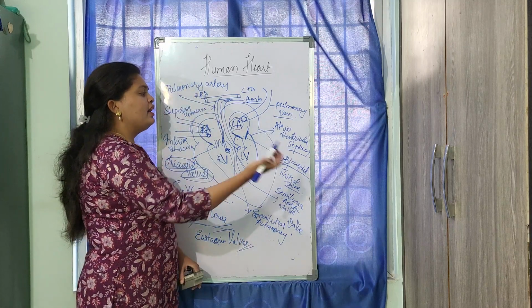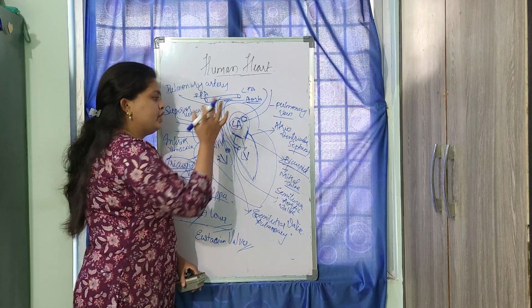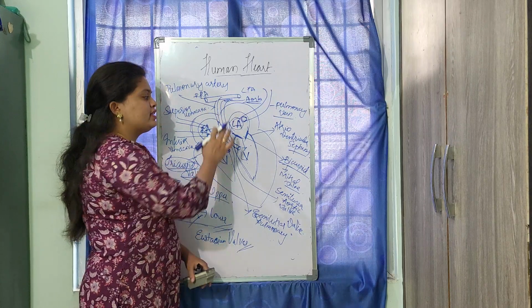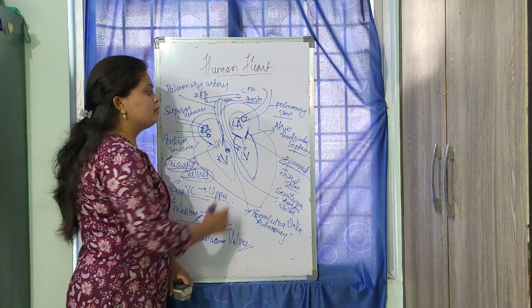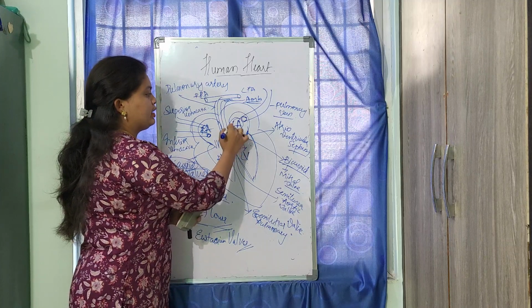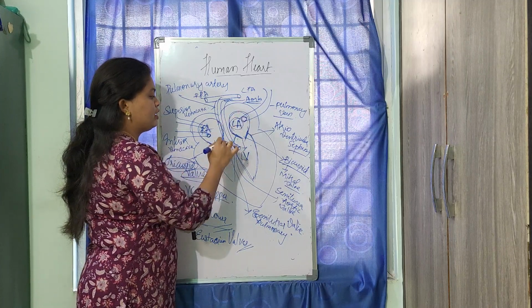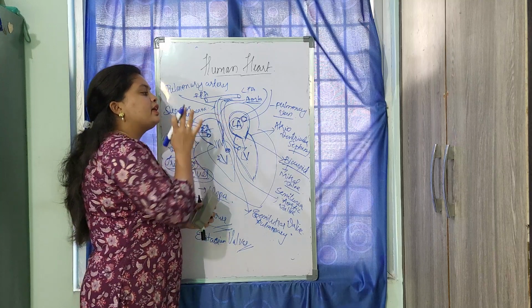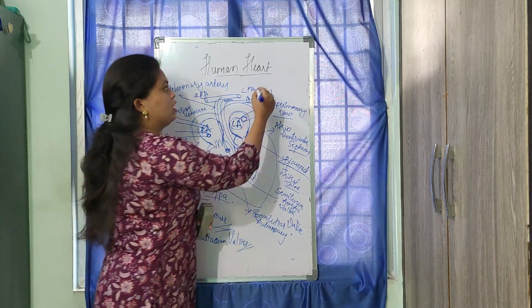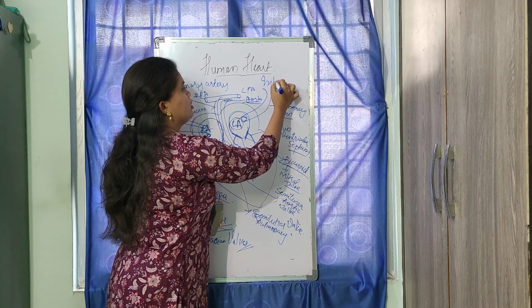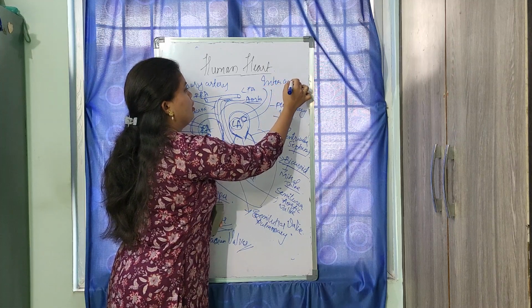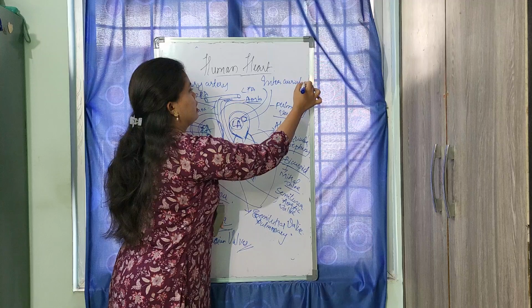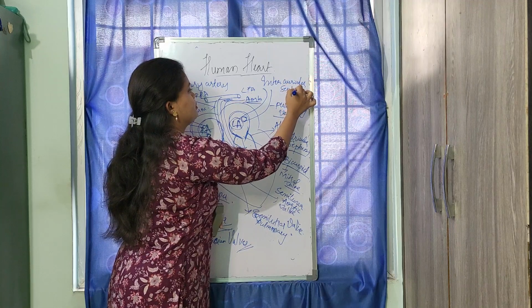Okay, and the atria, they are separated by a septum. This septum that separates these two atria, yes, these are the two atria, is called the interauricular septum.